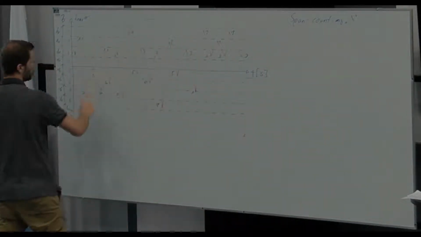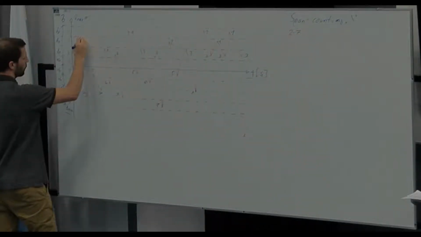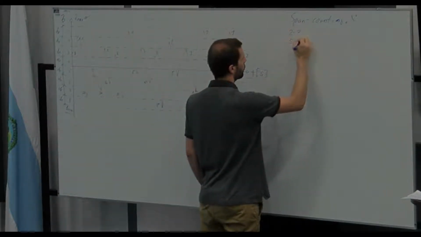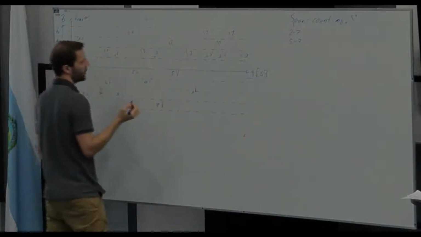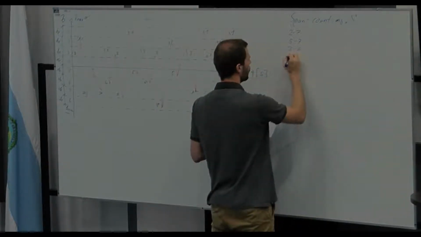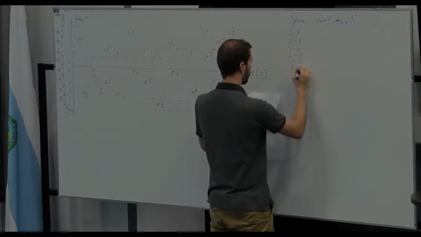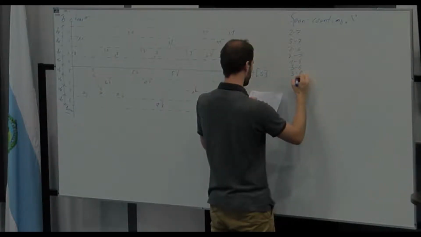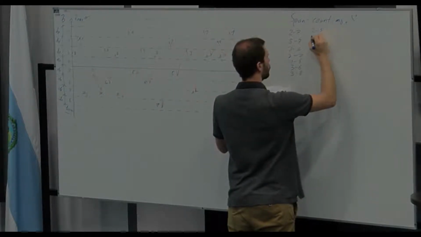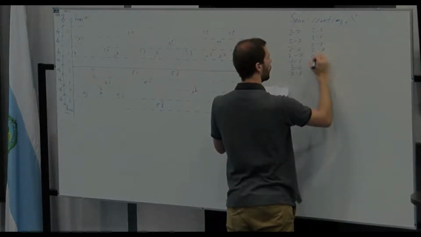So we have here from 2 to 7, then from 5 to 7, 3, 6, 3, 7, 1, 5, 3, 6, 3, 8, 2, 5, 3, 7, 1, 3, and 2, 3, and 1, 3.